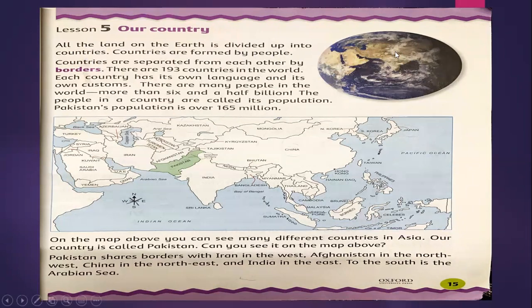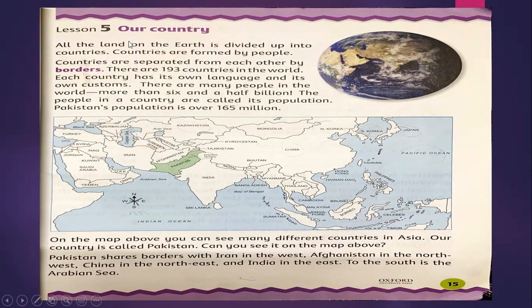Then further, these continents are divided into countries. In each continent, there are many countries. In Europe, Asia, Africa, North America, South America, Oceania, and Antarctica. These continents are divided into further countries.